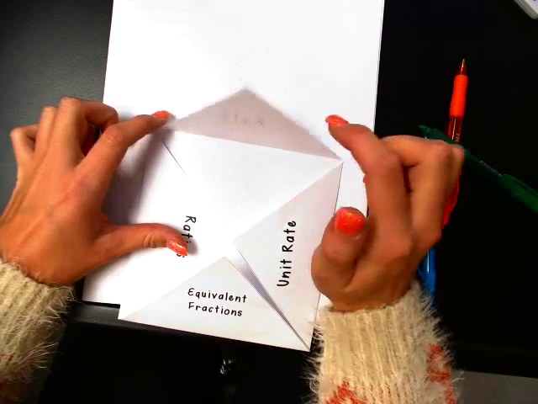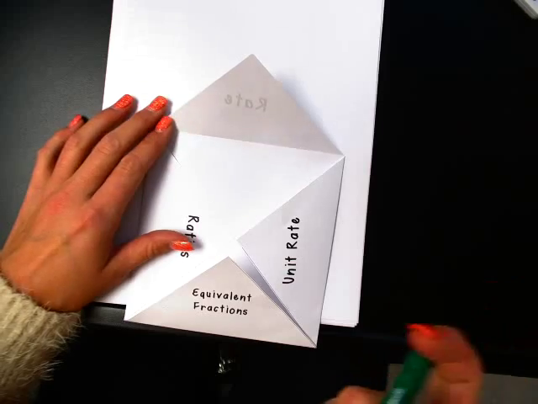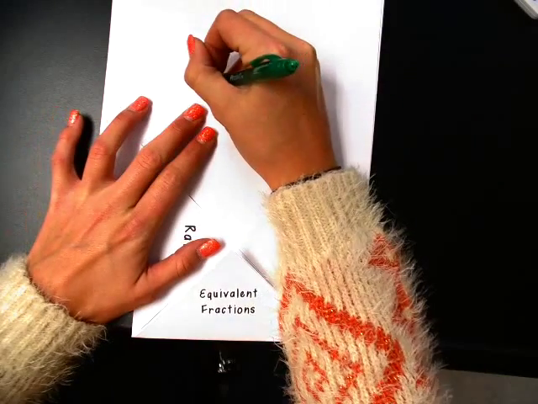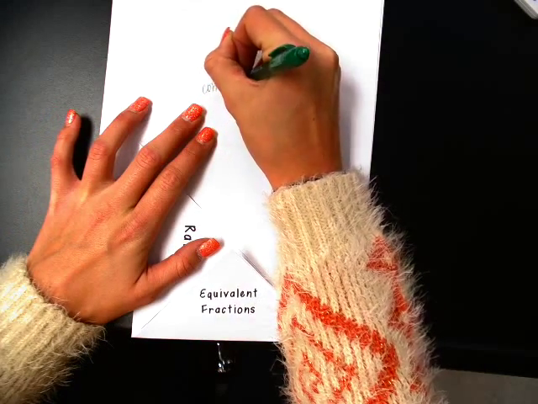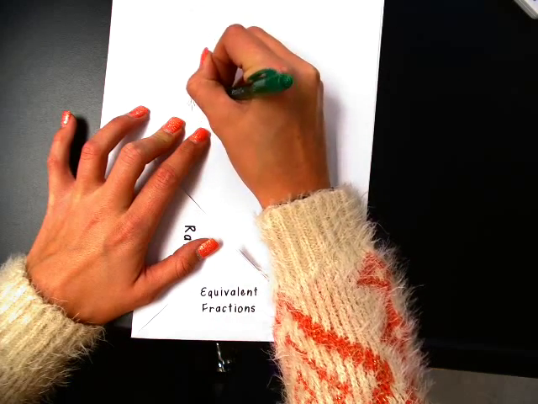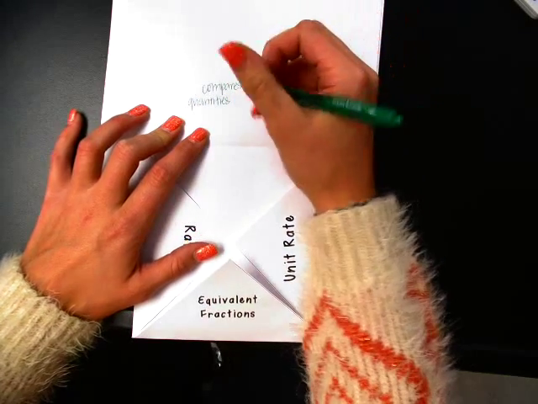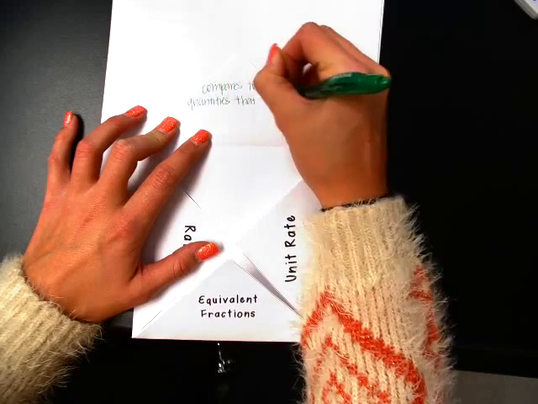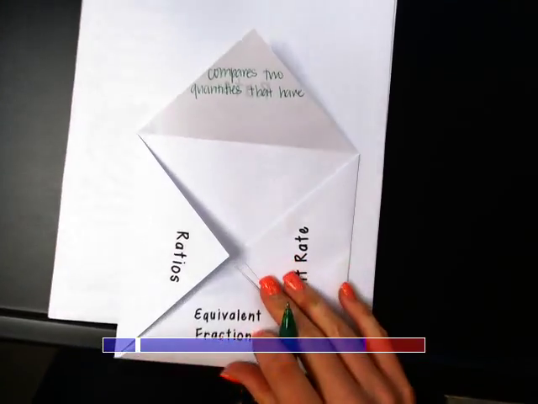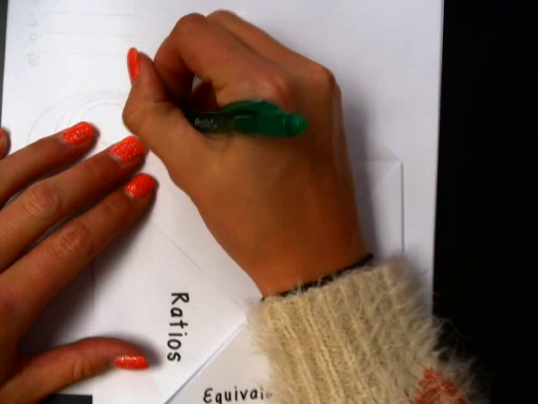So let's start with a rate. You're going to flip it up, and on the upper part we're going to write a definition, and on the lower part down here we'll give it an example. A rate compares two quantities that have different units of measure.